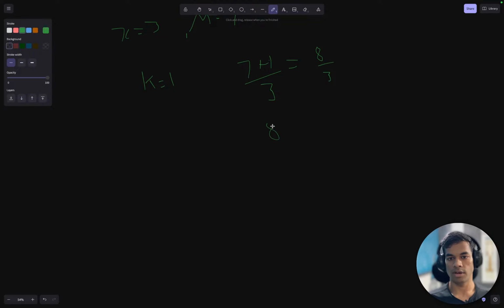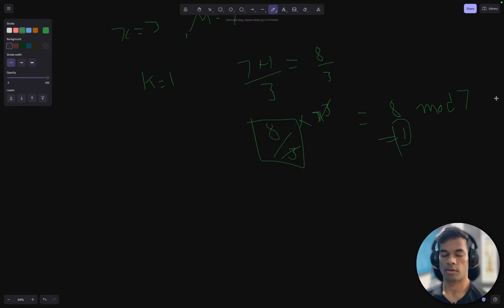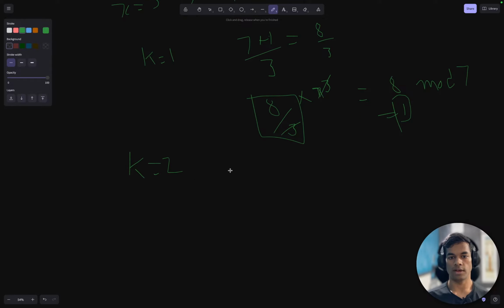If you multiply this number, 8 by 3, which is 3 inverse, by 3, we get 8, and 8 mod 7 is 1. And for k equals 2, we get 14 plus 1, 15, 15 by 3, which is 5, and now this thing breaks. Now mod 7 is not anymore equal to 1. 5 mod 7 would be 5.